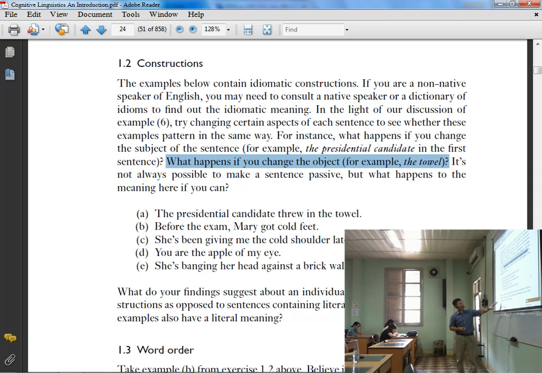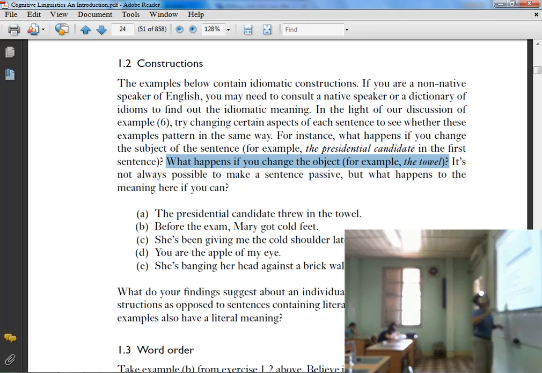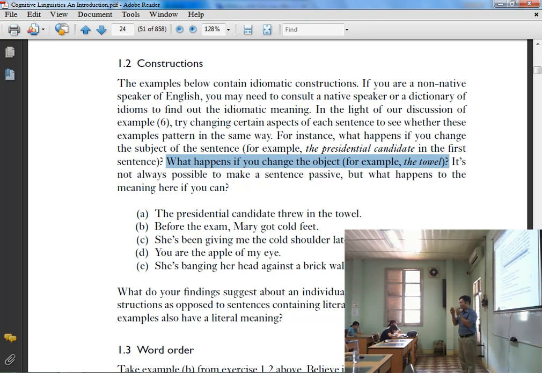So what does it tell us about our knowledge of such constructions? These things must come together as a whole, and we call it a construction, a mental construction, or a symbolic unit. So this whole is a unit, and you cannot just analyze it into different parts.